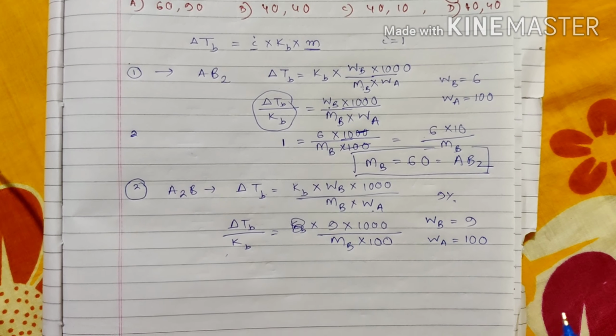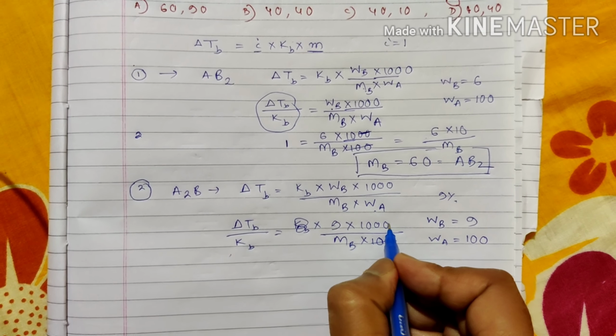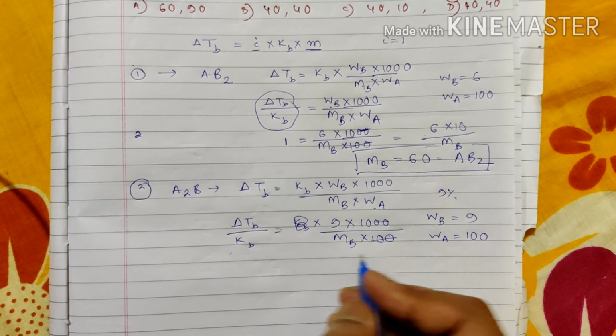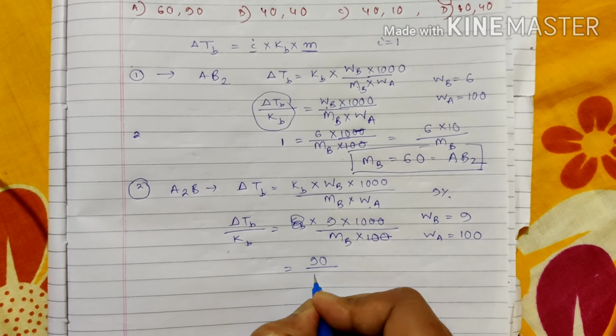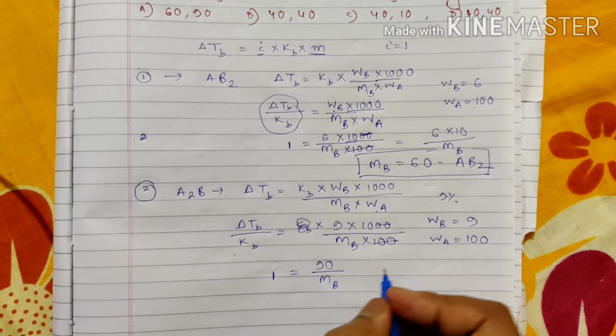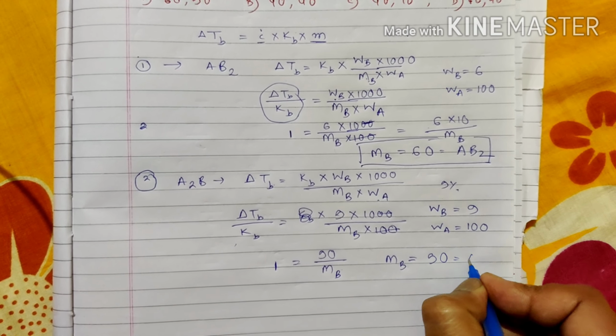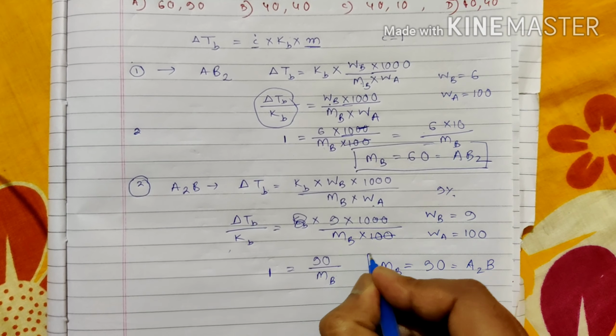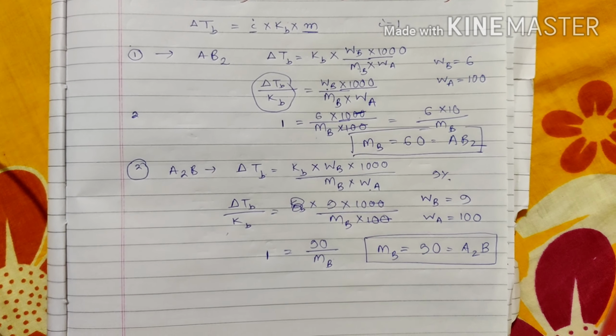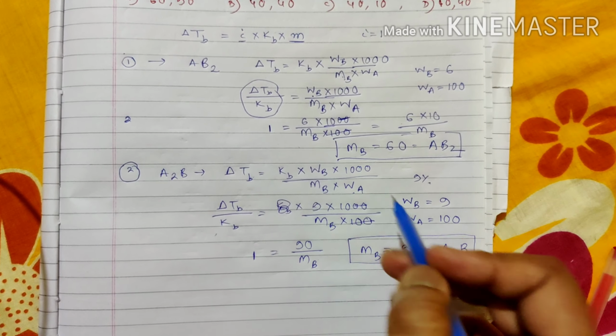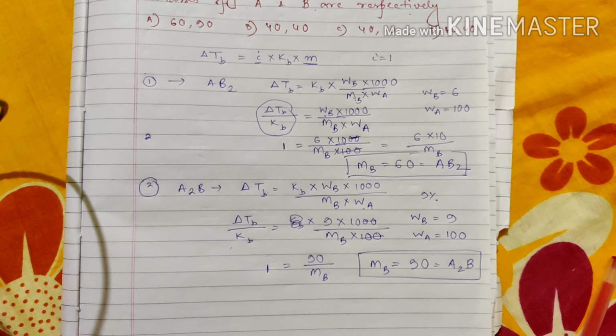So 9 by 100, same thing, it becomes 90 by MB is equal to 1. So the value of MB is equal to 90, which is for A2B. So these two we have calculated, the value of MB in each case.